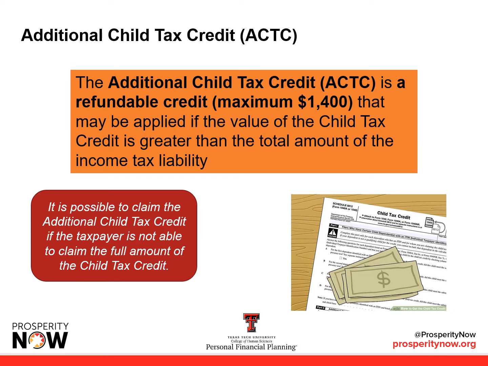The ACTC is a refundable credit, maximum of $1,400, that may be applied if the value of the child tax credit is greater than the total amount of the tax liability. Note, it is possible to claim the ACTC if the taxpayer is not able to claim the full amount of the child tax credit.